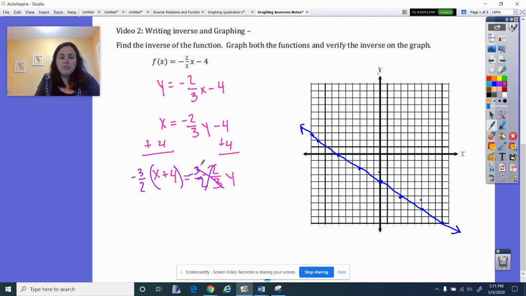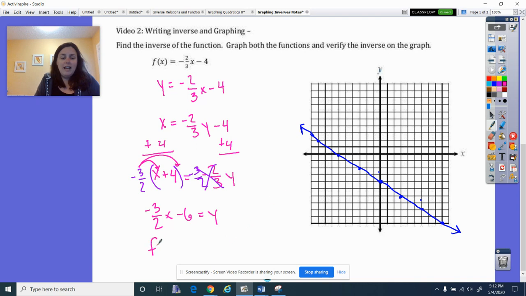Now what I'm going to do is distribute in. So -3/2 times x is just -3/2 x. And now -3/2 times 4. So 4 times -3 is -12, divided by 2 is -6. So I have -3/2 x minus 6 equals y.